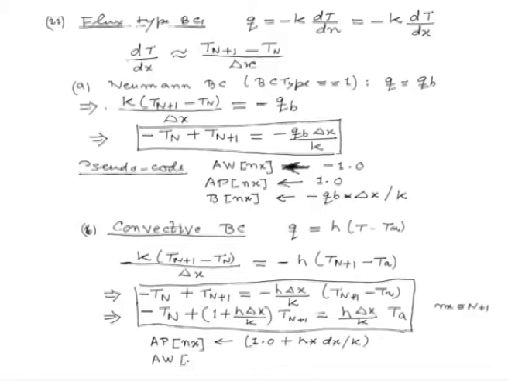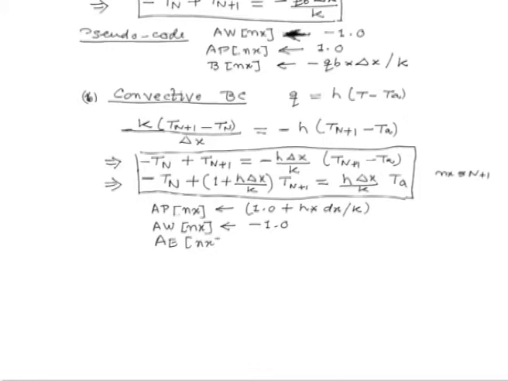AW Nx should be assigned a value of minus 1.0, and AENx will be set to 0.0, and in our load vector that element of B at grid point Nx should be assigned a value h into dx into Ta divided by k.